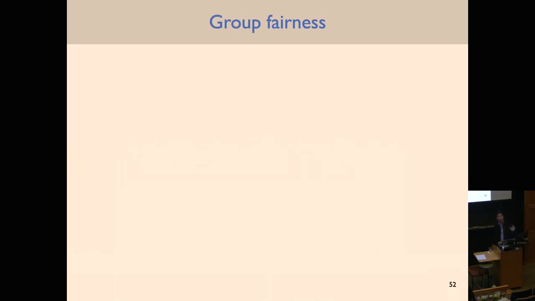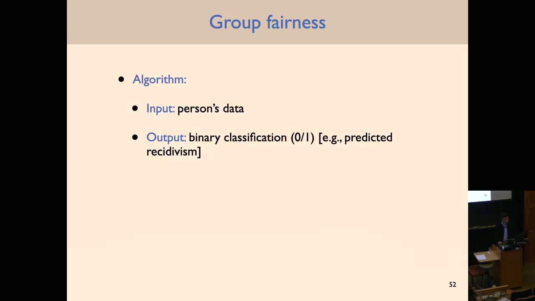There's two kinds of fairness that one could consider. So the first kind is what's known as group fairness. This is the kind of fairness that I've been motivating with the examples on the previous slide. So here you have some algorithm that takes in as input our X, like an individual's data, and then you have some output, let's say a binary label, maybe a prediction for whether this person will recidivate or not.